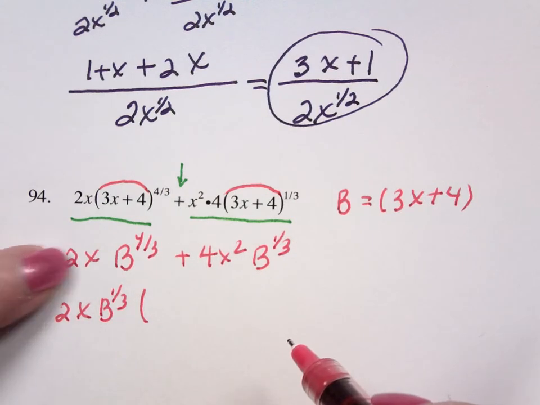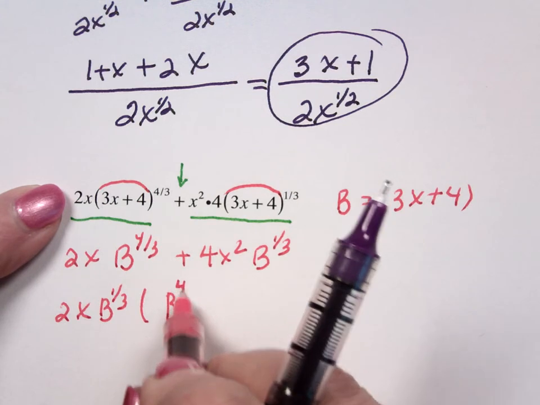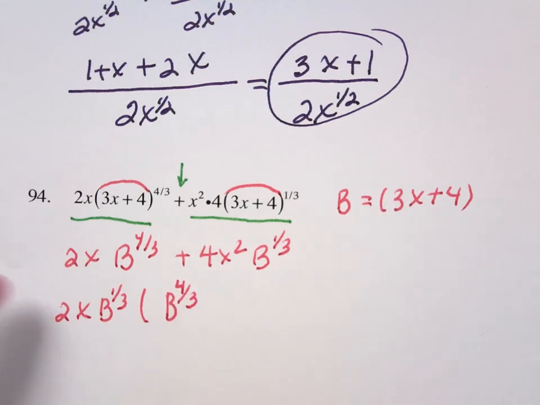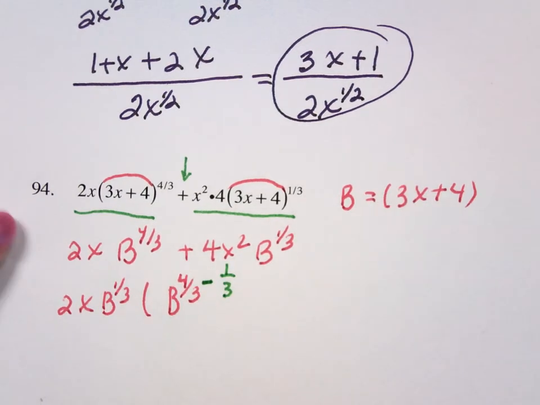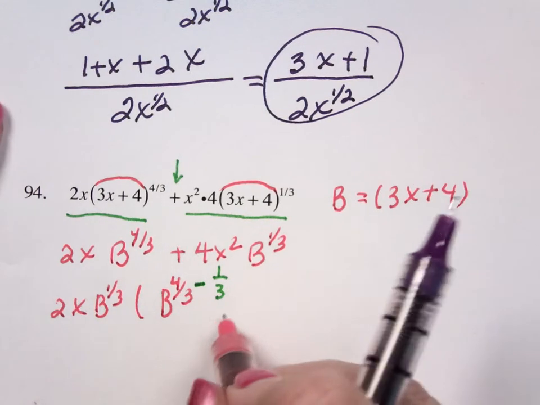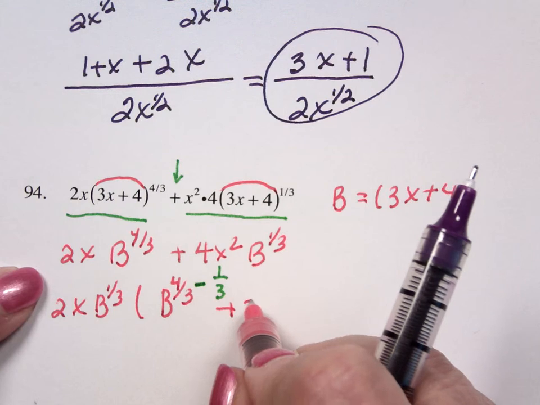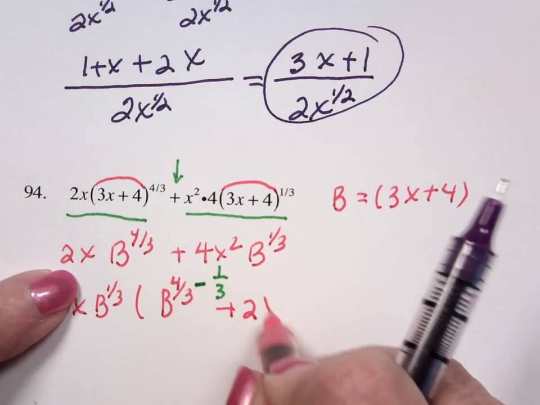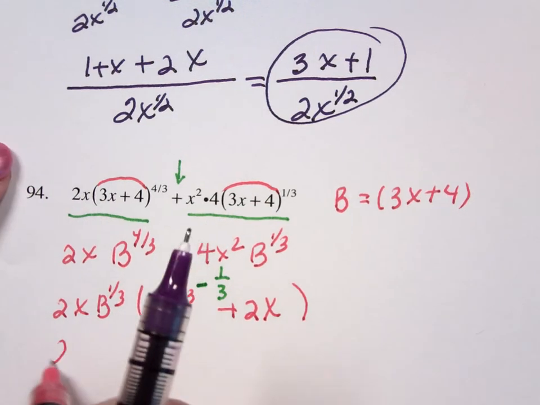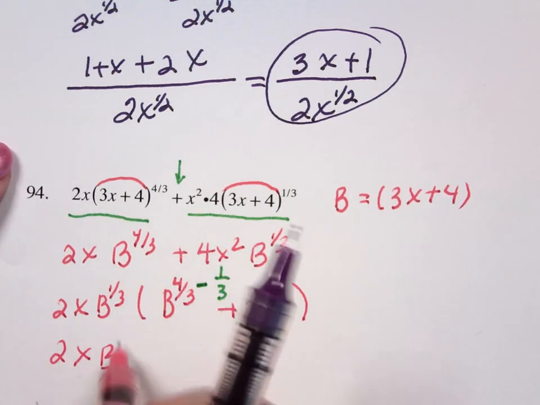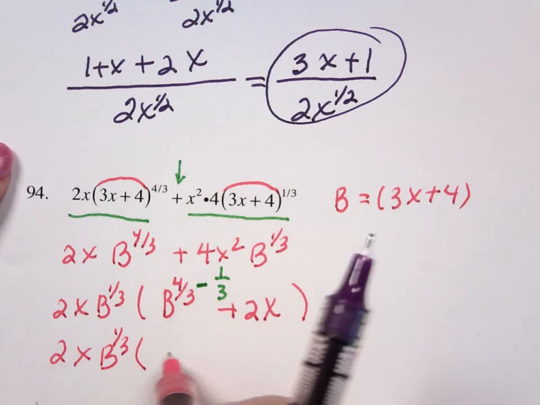So I'm taking the 2, the x, from the blob to the 4/3. I'm going to remove 1/3, plus, from the 4 I'm taking a 2, and I'm taking one of the two x's, and I'm taking the blob. So this is 2x blob to the 1/3 times 4/3 minus 1/3 is 3/3 or 1.